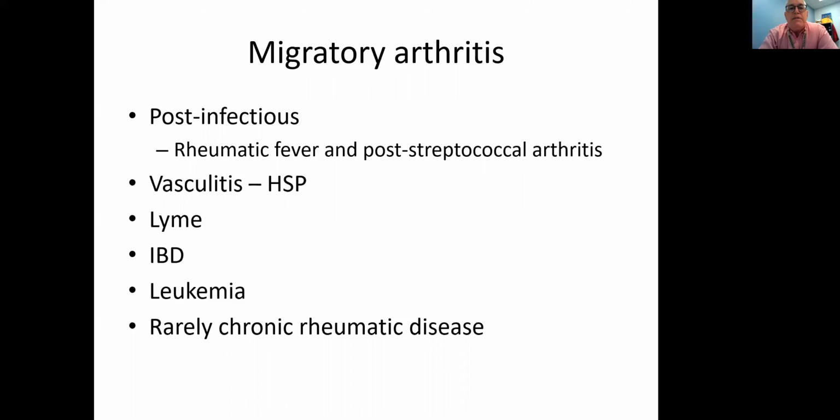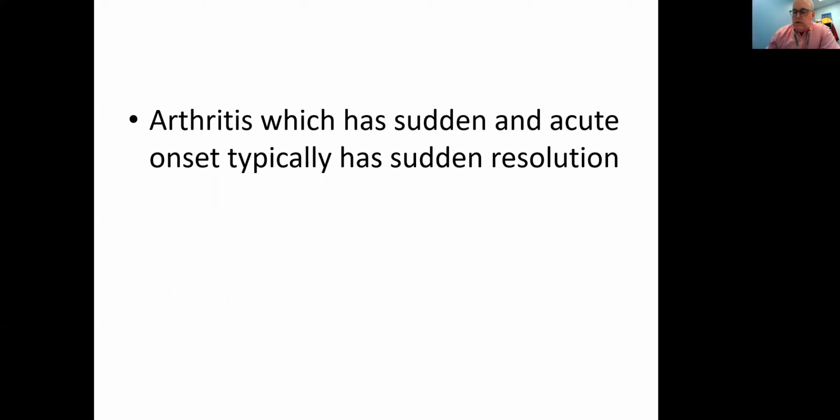HSP migrates places, vasculitis migrates places. Lyme can migrate, but it tends to be more dramatic, a sort of waxing and waning of knee arthritis. IBD can be migratory. It's rare that a migratory arthritis becomes a chronic rheumatic disease. So arthritis which has sudden acute onset typically has sudden resolution.